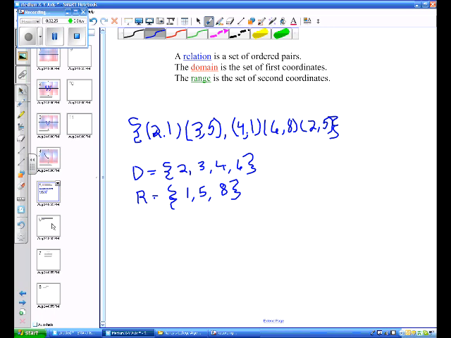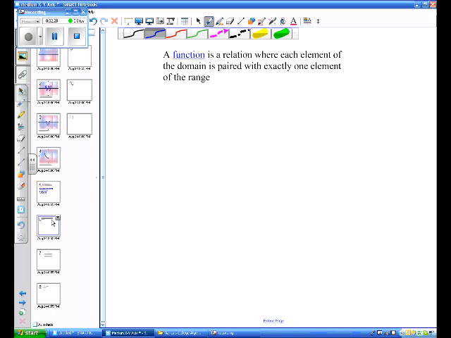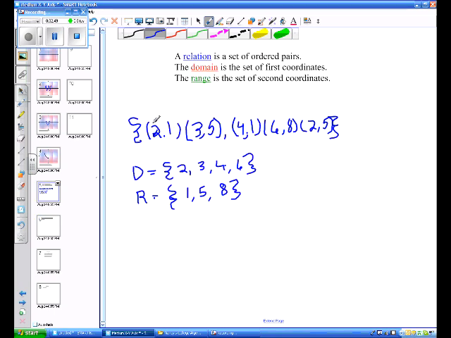Now, we also have what we call functions. A function is a relation, so that means it's a set of ordered pairs. But it's a relation where each element of the domain is paired with exactly one element of the range. If I go back to the relation we looked at a while ago, the element 2, which is a member of our domain, is used twice.